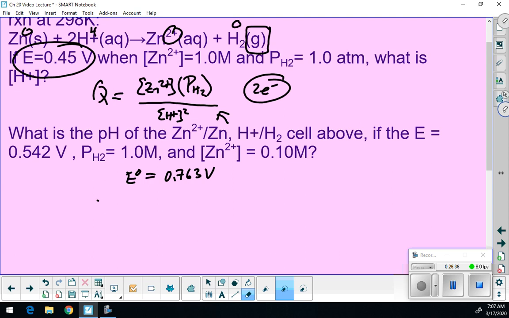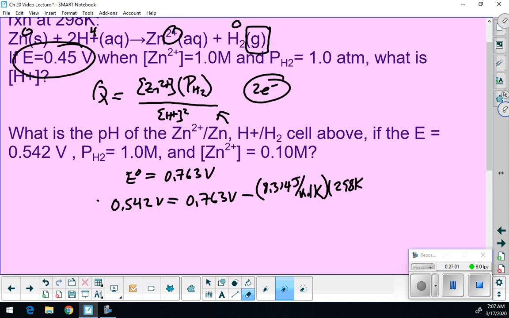So I have 0.542 volts equals 0.763 volts minus R, 8.314 joules per mole Kelvin. Got to make sure I get my right units. Times 298 Kelvin over N. My N we said was 2 this time. 96485 joules per volt mole.